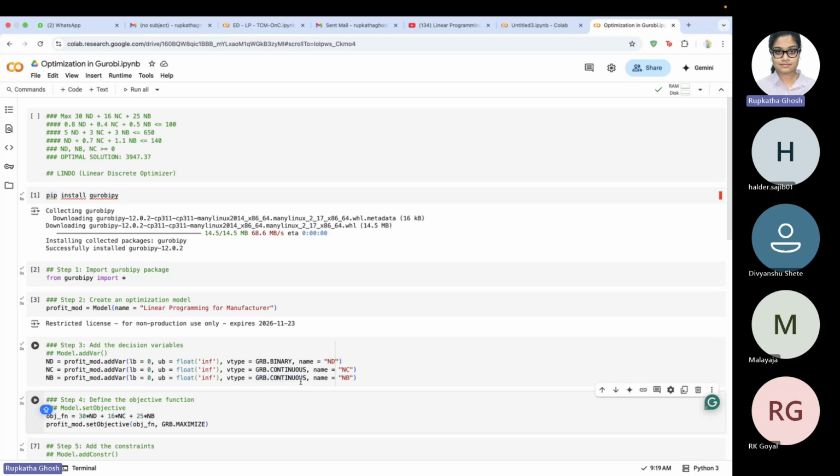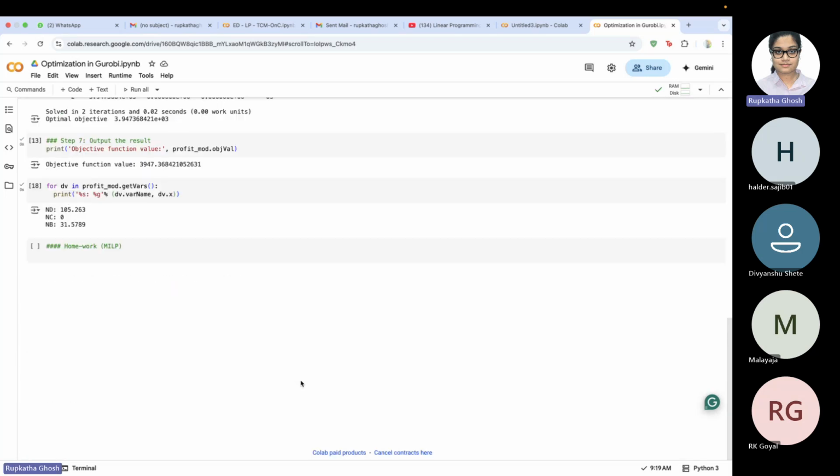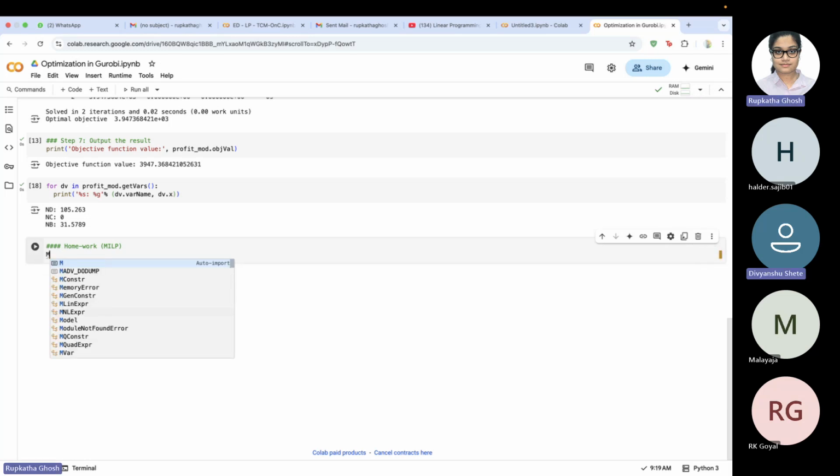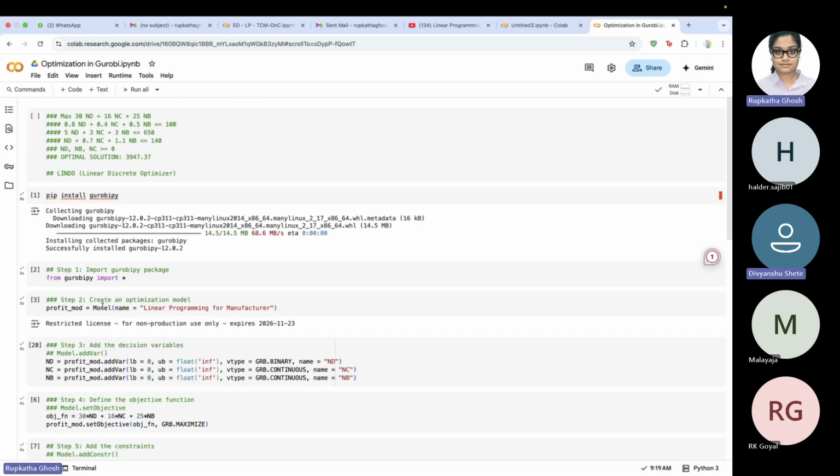This is the only thing you will have to take care of. Tell me. Ma'am, please repeat, GRB.BINARY for? Binary for your decision variables, assuming only 0 or 1 values. If it is only 0 or 1, then it is GRB.BINARY.